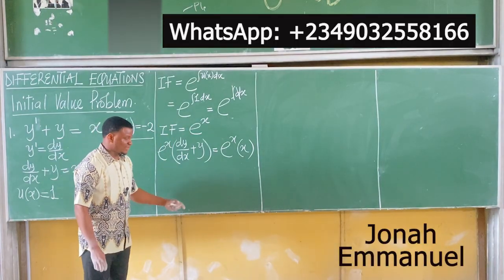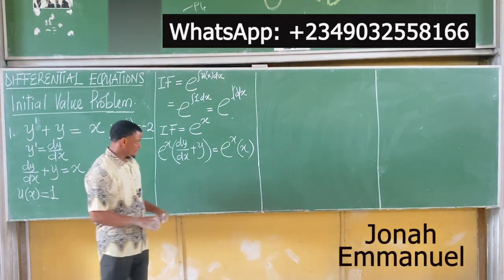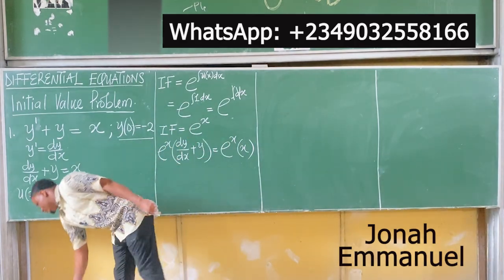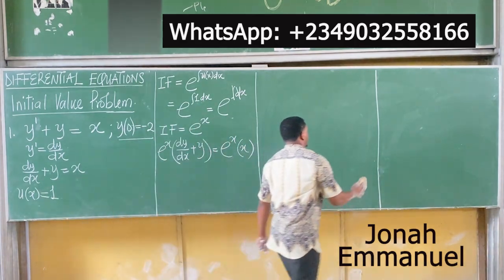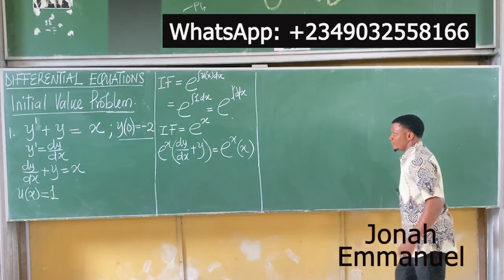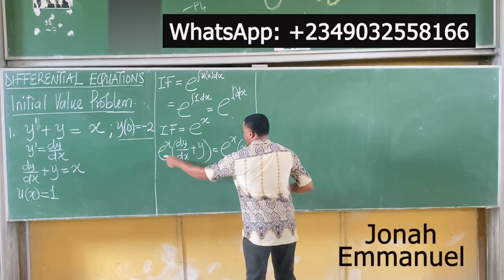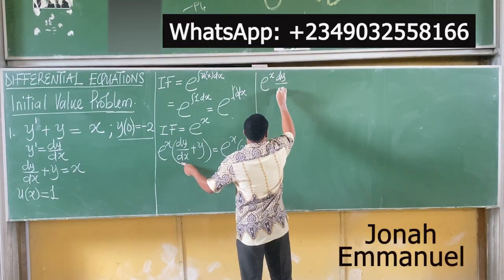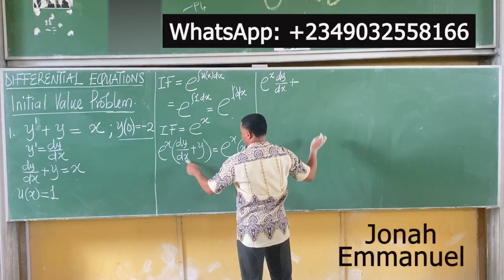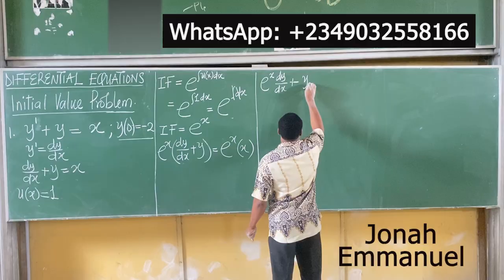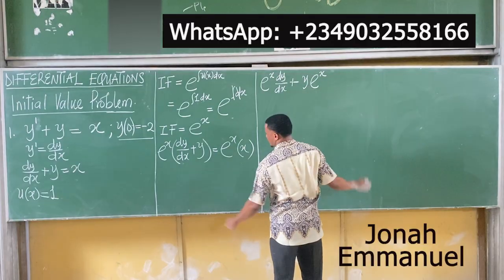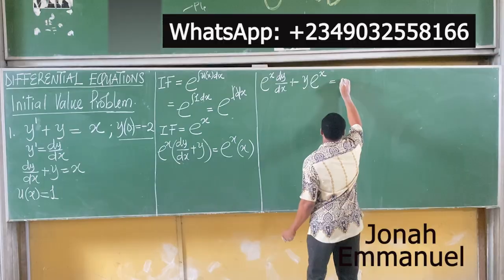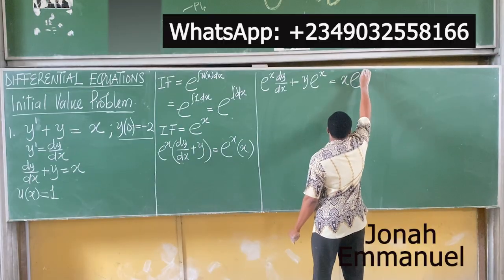Expanding this, this and this give you exponential x dy/dx, plus this and this give you y exponential x, equal to this and this, which gives x exponential x.